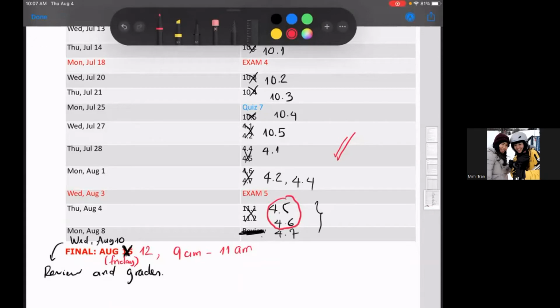On Wednesday, I'm going to spend half an hour talking about 4.7. It is not required, but because you did it in 661, I want to do it again. So on Wednesday, August 10, we use a different color. Talk about this one right here.